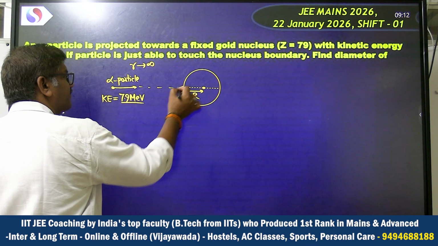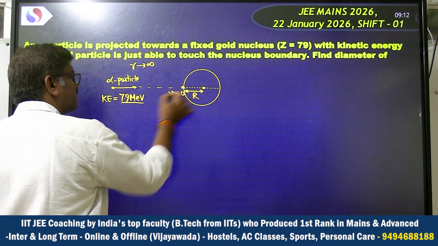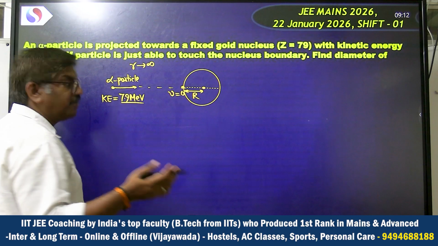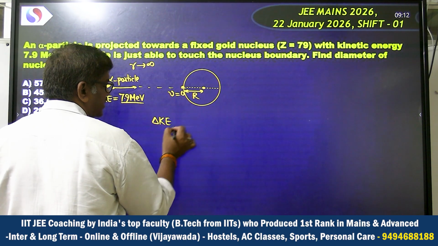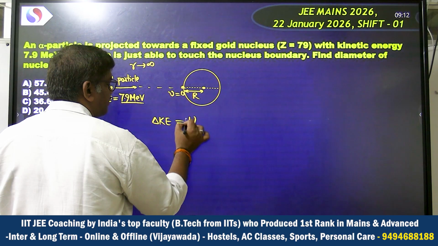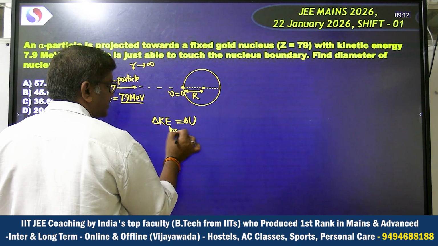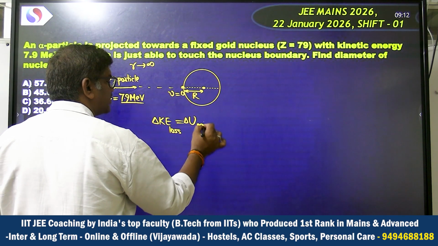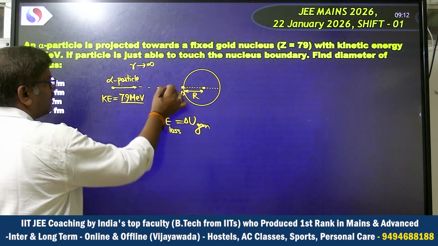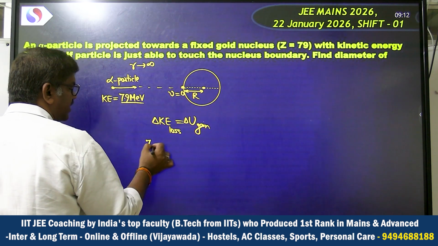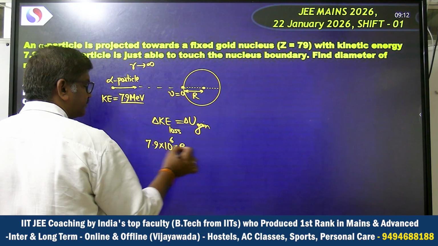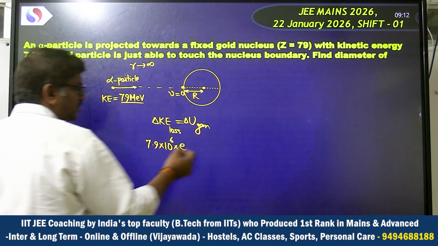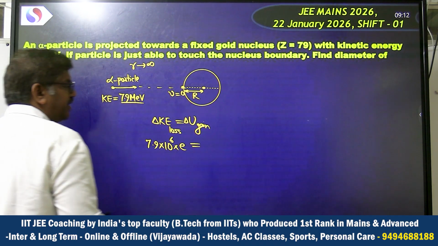So if it is just able to reach the surface, that means velocity is 0. Again, we use the concept of loss in kinetic energy is equal to gain in potential energy, conservation of energy. The loss of kinetic energy of the alpha particle is 7.9 mega electron volt, converted to joule, which equals the gain in potential energy.